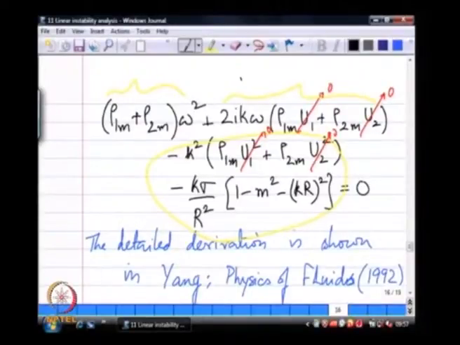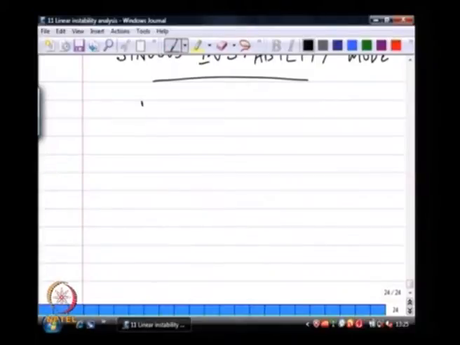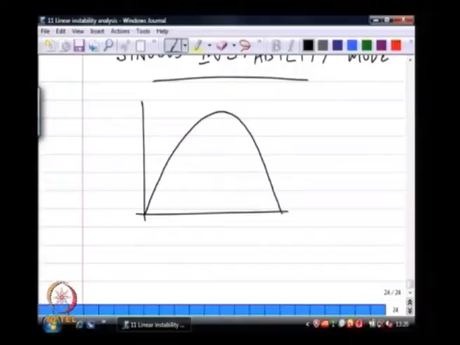If you do this calculation, what you will find is that of all the different modes of instability possible. Now, this is pure surface tension instability. Say if this is the instability for m equal to 0, m equal to 1, 2 etc. would all be subsets of this.